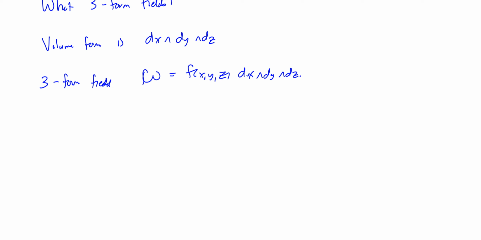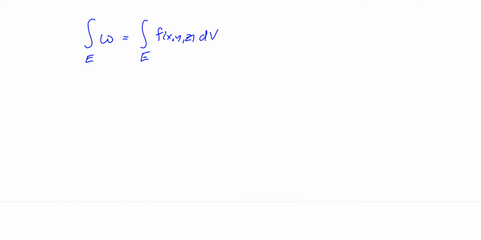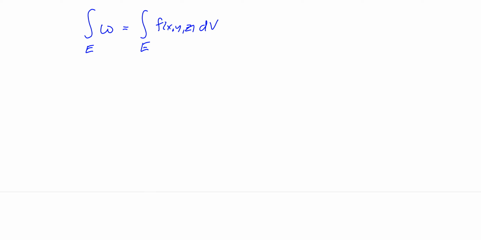So pretty easy to decide what we're going to do. If we have a region E, the integral of omega should just be the integral over E of f of x, y, z dV, because that dx wedge dy wedge dz is just our volume form. So there's nothing really that interesting there. It's again just new language, but it isn't really giving us much new.